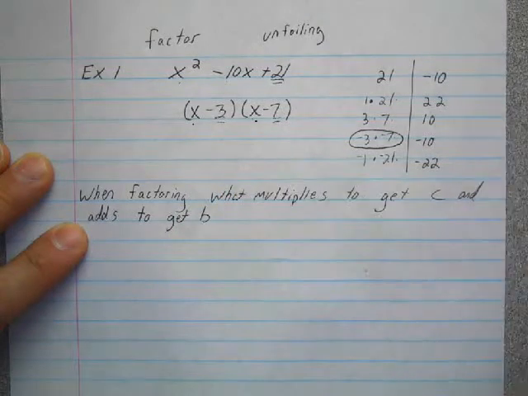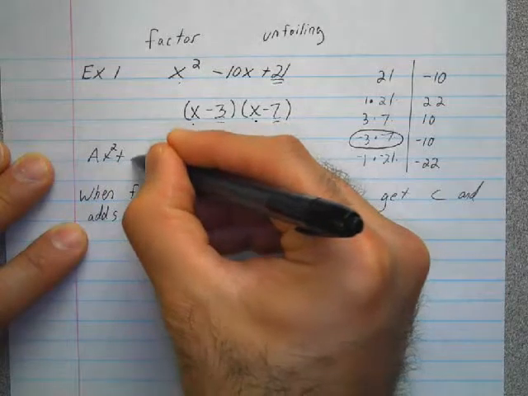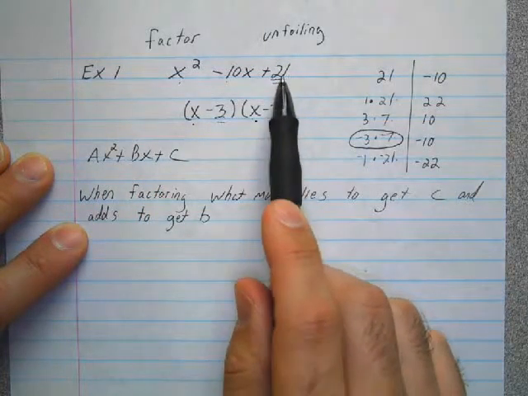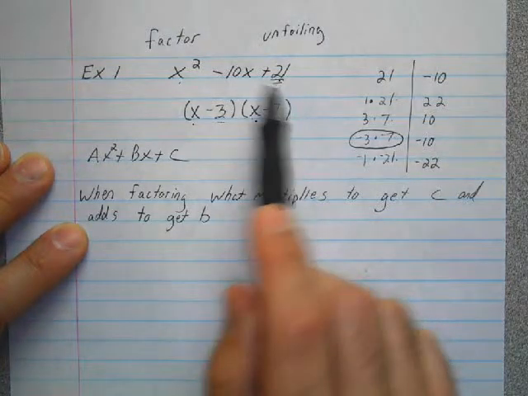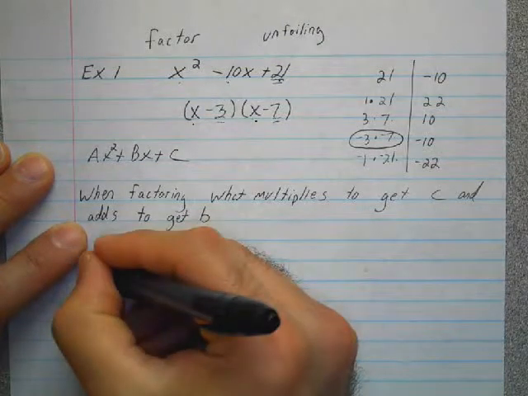So again, my standard form was ax squared plus bx plus c. So what times what gives me that 21, but adds up to give me my negative 10? Alright, let's do another example.